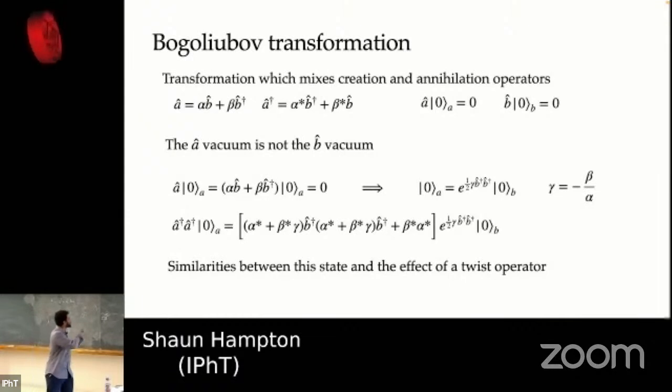So if we act with A dagger, given these definitions here, we see this relation here. And actually, what you begin to see is the similarities between this state and the effect of the twist operator.